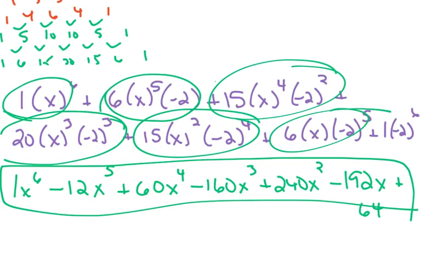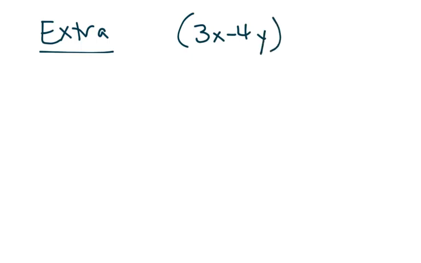Now I need to tack on an extra problem that's on the test, and we accidentally omitted from the review. The other thing we talked about, I'll call this extra, is if you have an expansion like (3x minus 4y) to the 15th power, and I want to find the fifth term.